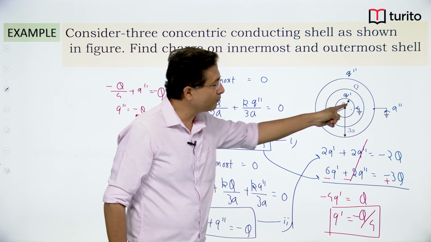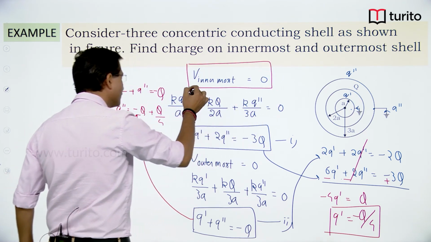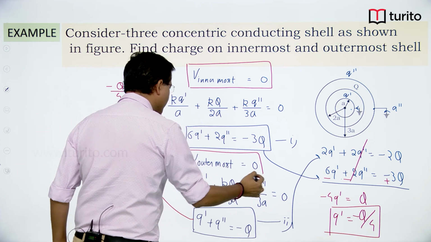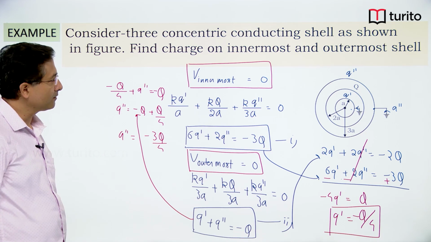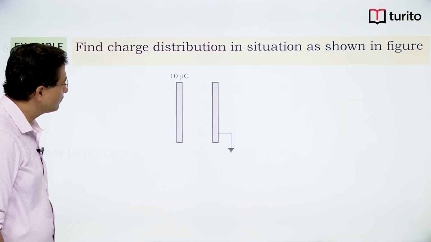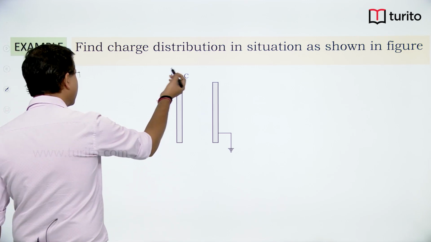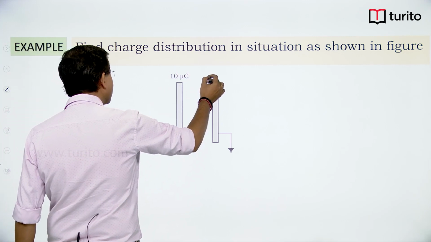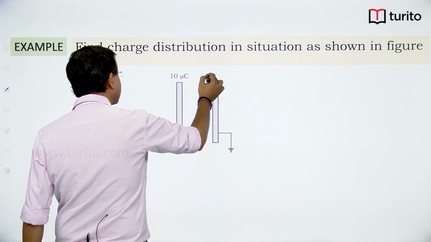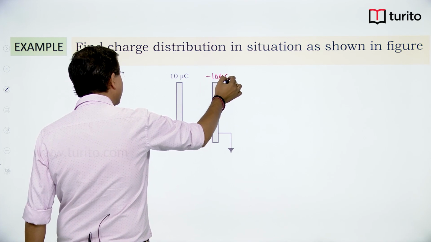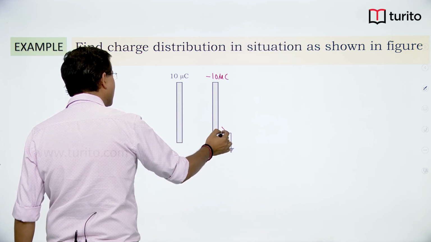Earthing means making potential 0, right. Let us see one more example. So if I give this one, say plus 10 microcoulomb and this as minus 10 microcoulomb, right, and initially the switch was open, right.